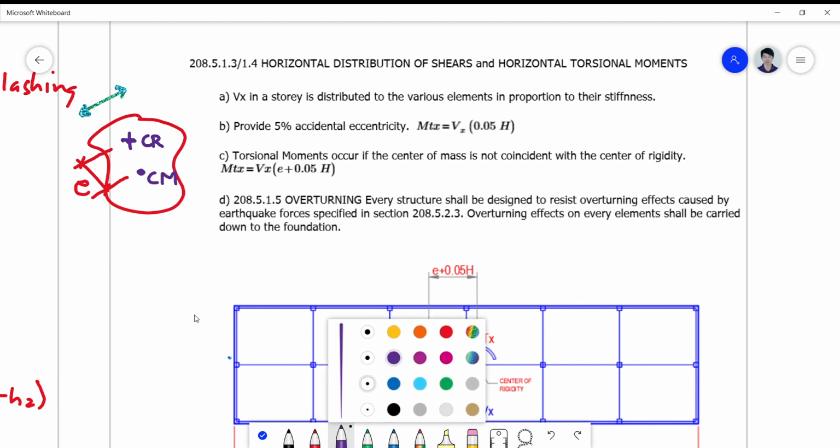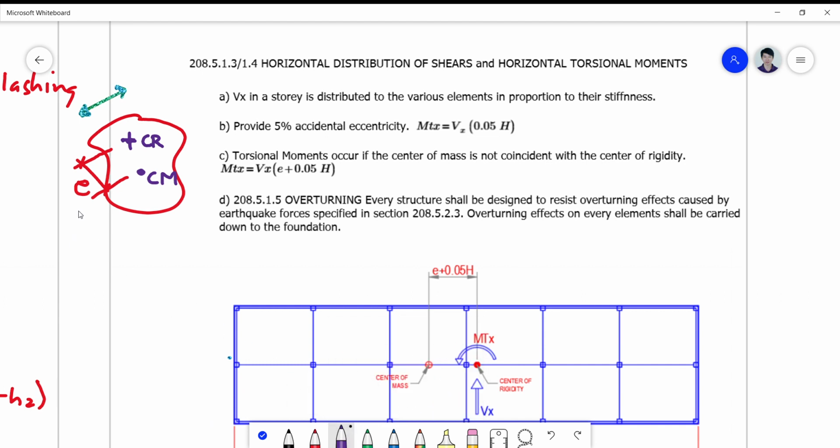If this is your base shear V, focused on this mass, the body will tend to rotate not on the center of mass but on the center of rigidity. This creates a couple that will rotate in a clockwise manner, which is called the torsional moment.